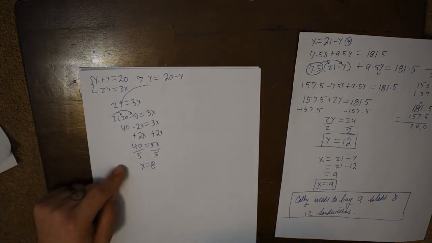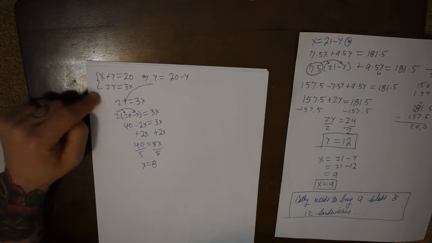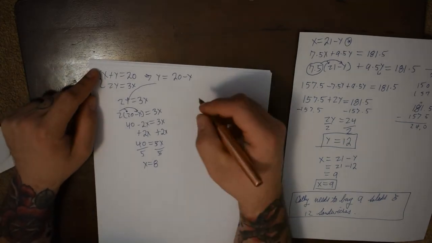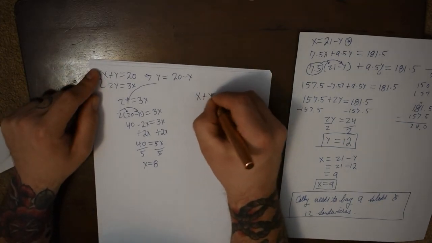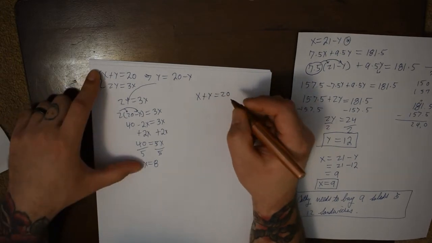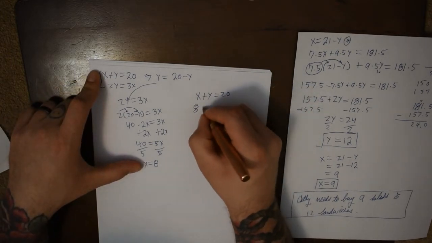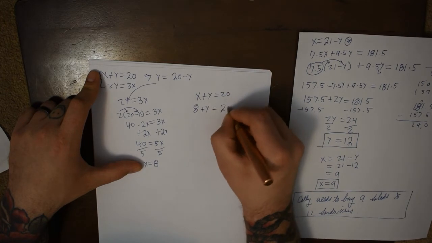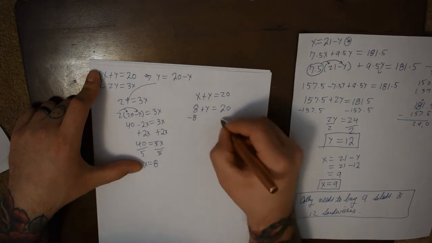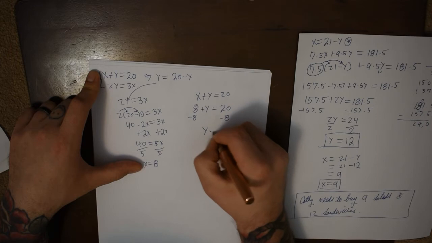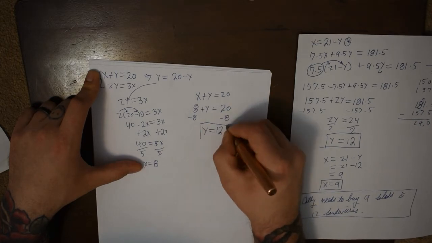Once we know what x is equal to, we can plug it into either of these equations. I'm going to use that top equation. If x plus y is equal to 20 and x is equal to 8, that means 8 plus y is equal to 20. Subtract 8 from both sides. Gives us y is equal to 12.